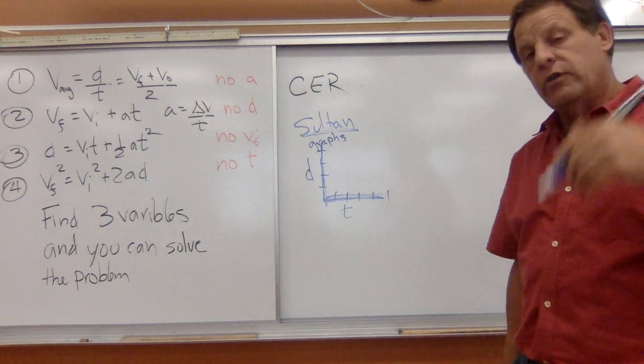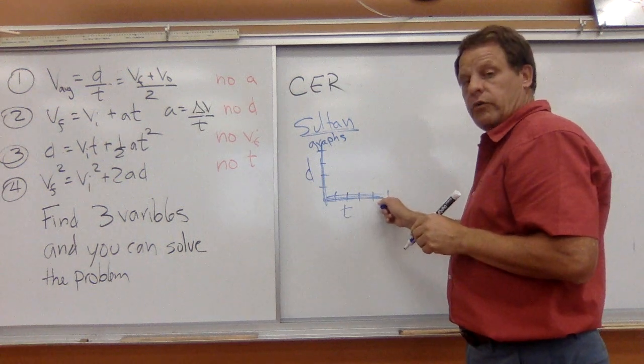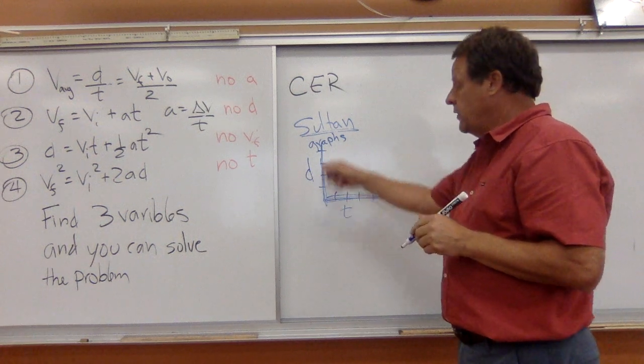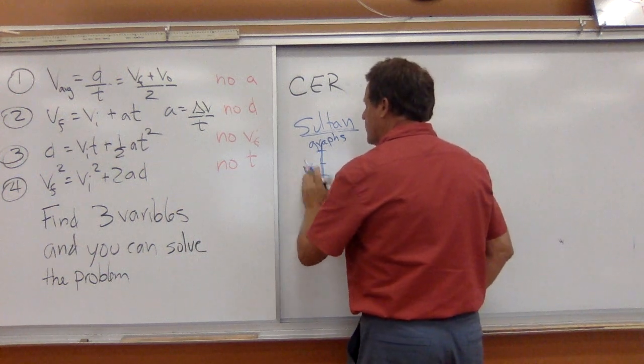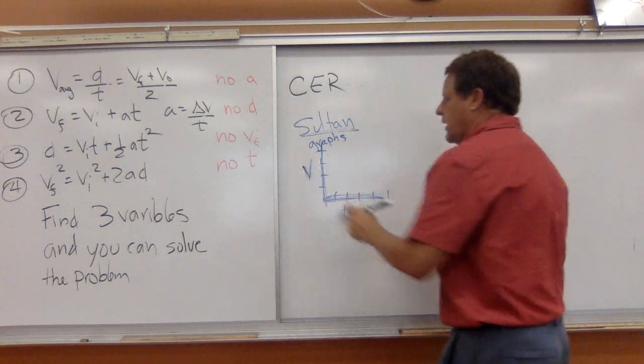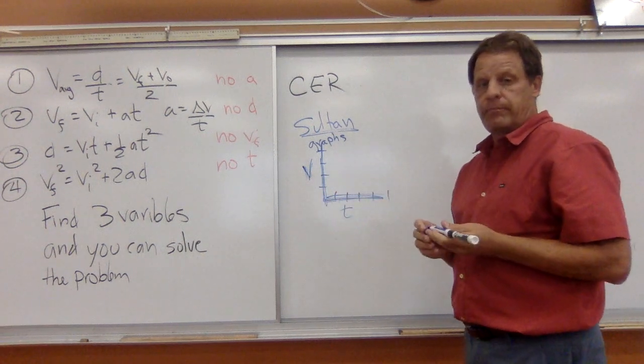That's why there are dependent and independent variables. Along the horizontal is the independent and the vertical is the distance. Even if that was a velocity versus time graph, it's still independent and dependent.